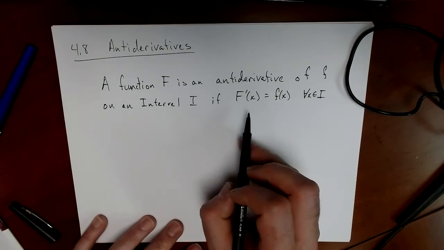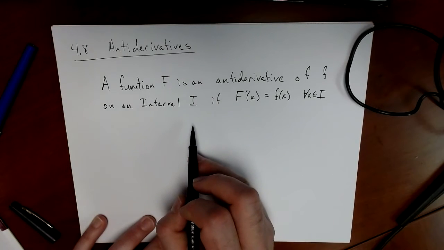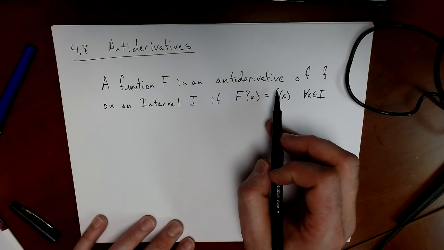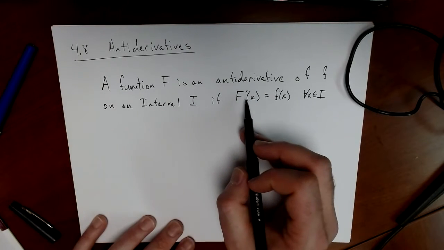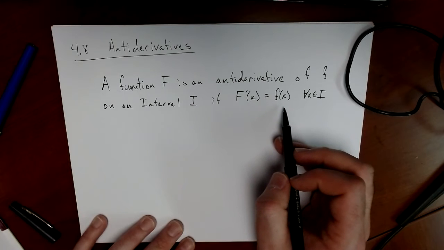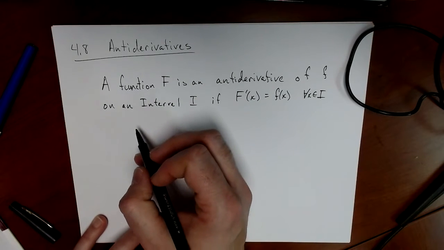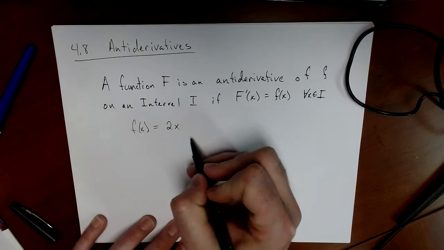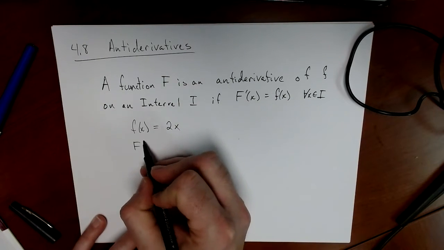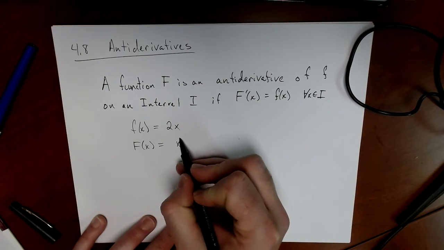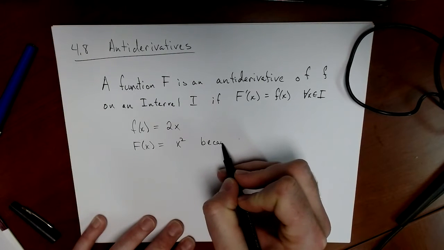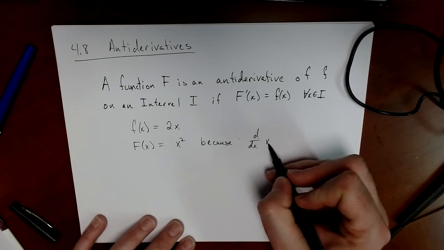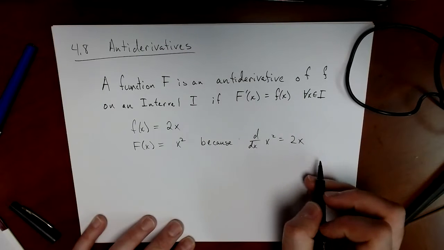So this is pretty straightforward. If you are looking for an antiderivative, you're looking for the function that you would need to take the derivative of to get back to the function you have. So for instance, if f of x equals 2x, then an antiderivative of this is equal to x squared, because the derivative with respect to x of x squared equals 2x.